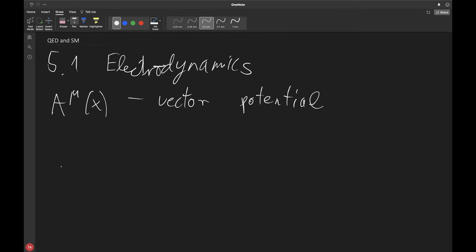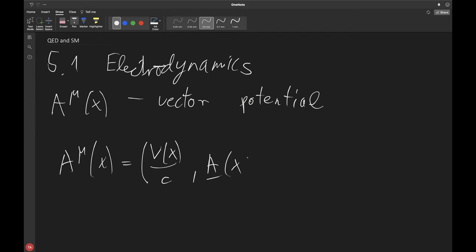The vector potential, as I said, is a four-vector, so it's going to have four components. The zeroth component is the electric potential, scaled with the speed of light. And the rest is the vector potential, as we met it in the past.